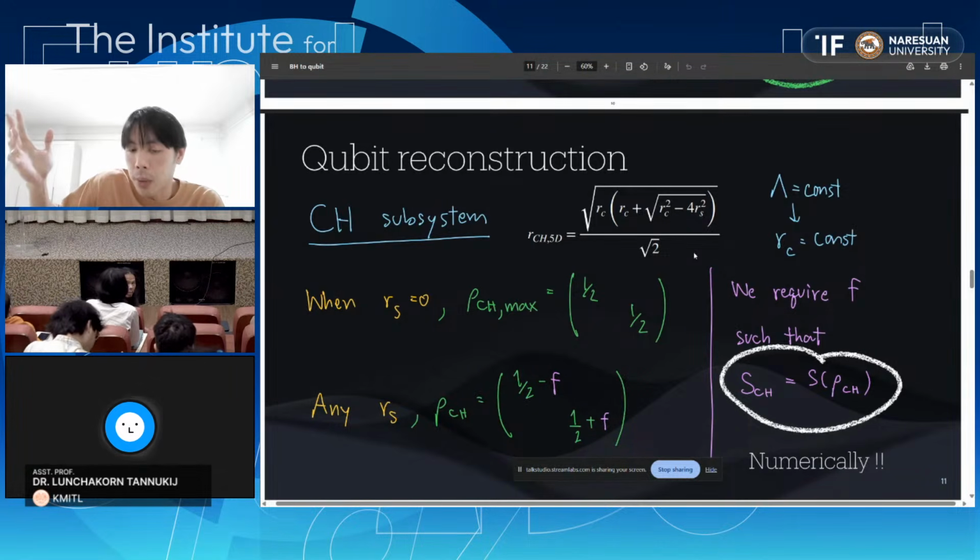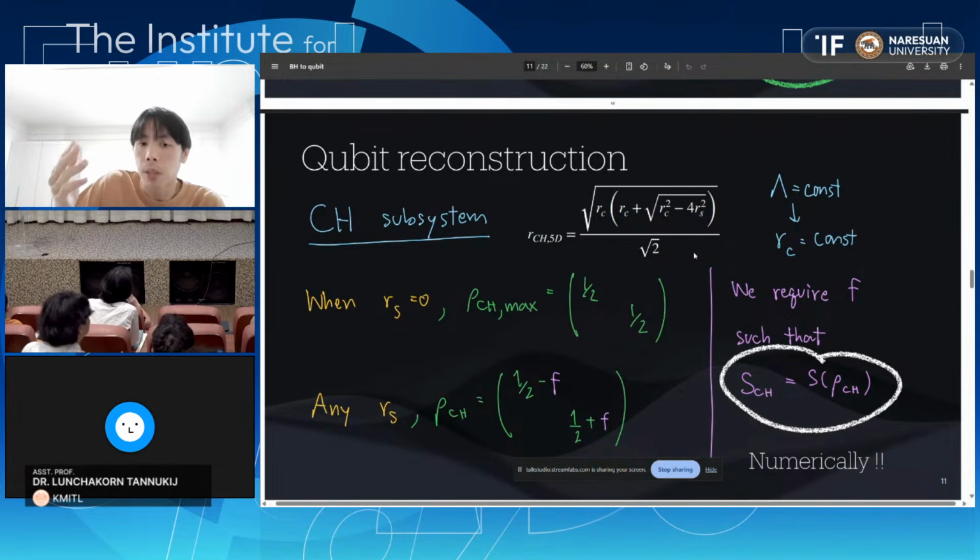But right now, if you know the density matrix, then you can actually find the temperature, as well as the energy eigenstate, I think, because we know the density matrix already.